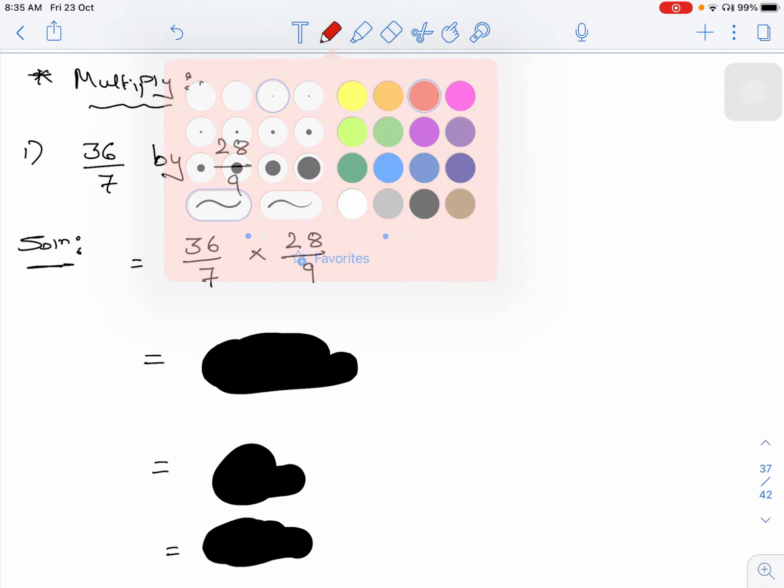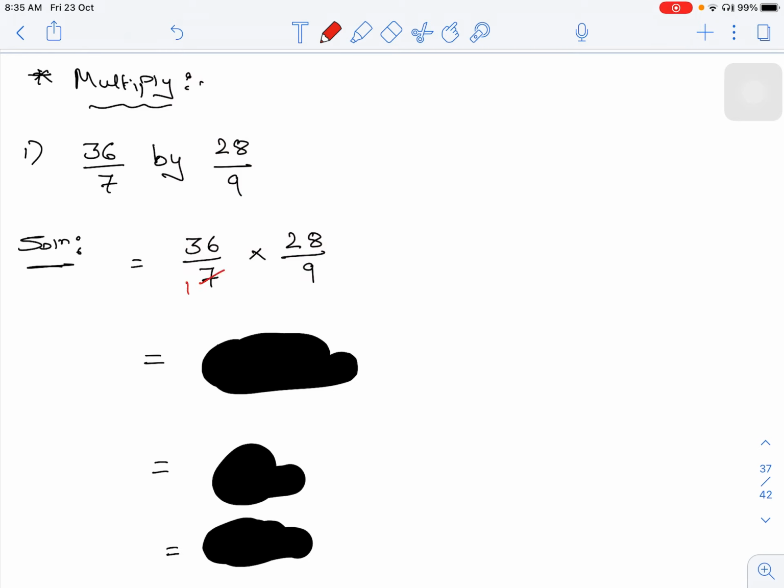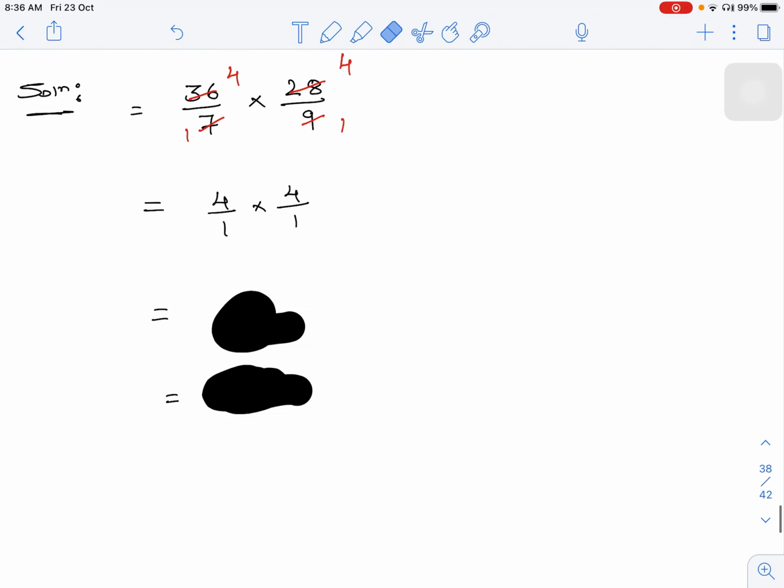So 7 ones are 7, 4s are 28; 9 ones are 9, 4s are 36. In the next step we multiply 4 with 4 and 1 with 1. So we get 4 upon 1 into 4 upon 1, then 4 4s are 16 upon 1. So our final answer will be 16. If we do not write the denominator 1, it will also work.